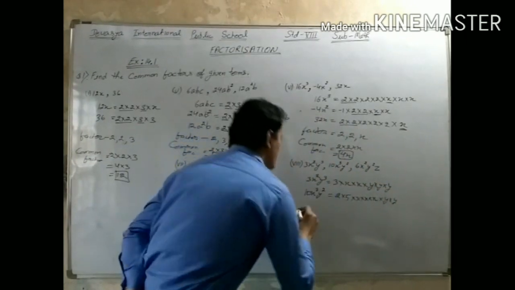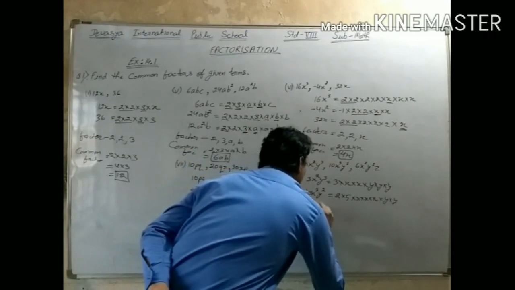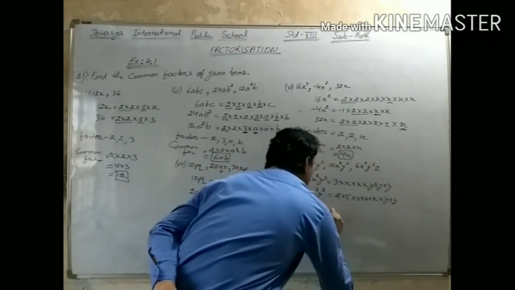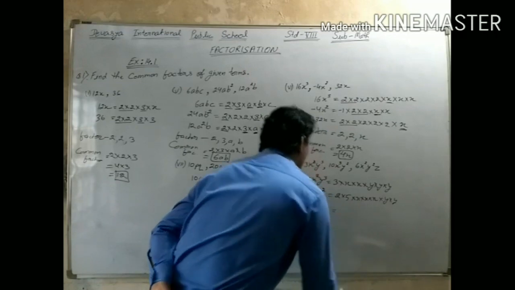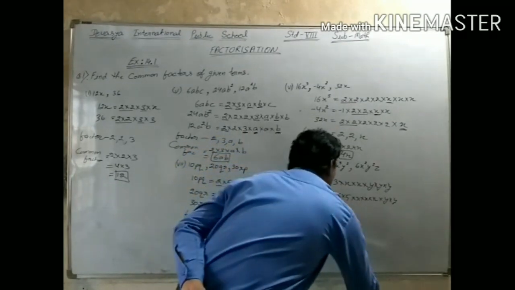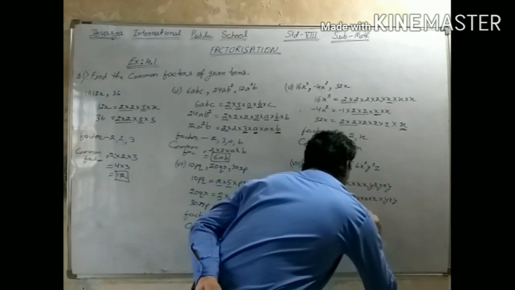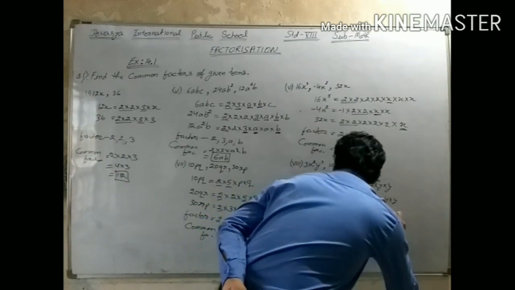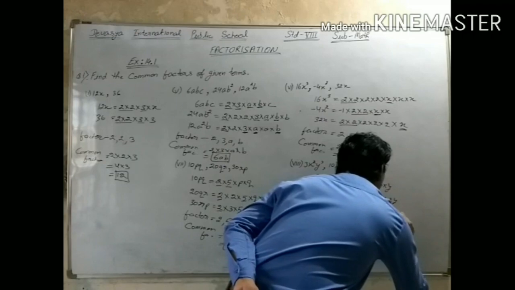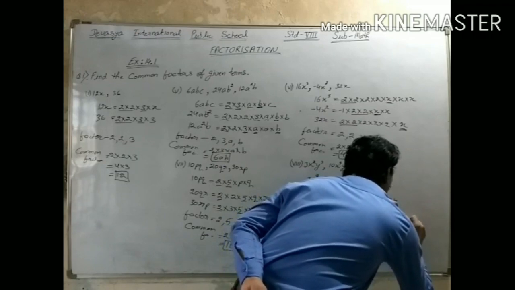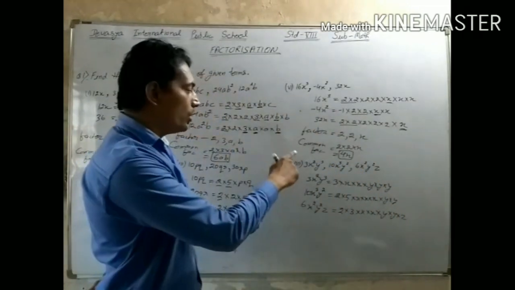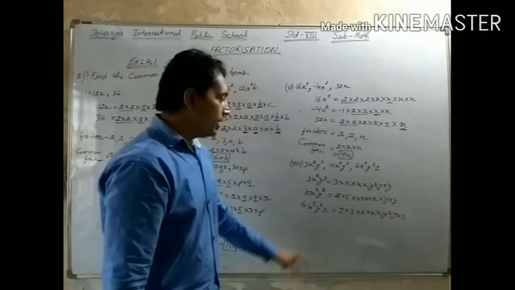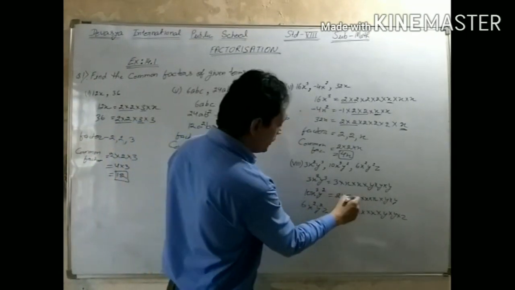The last term, that is 6x square y square z. We can write 6 as 2 into 3. X square can be written as x into x, and y square can be written as y into y, and the last z.